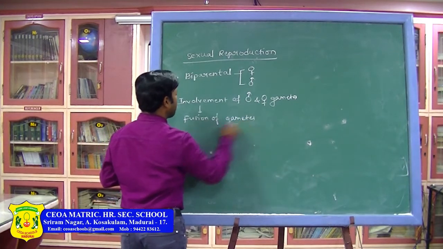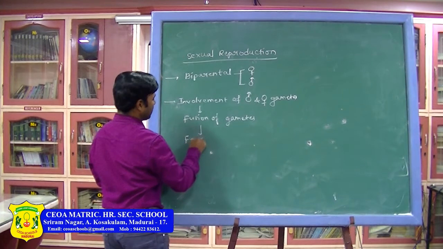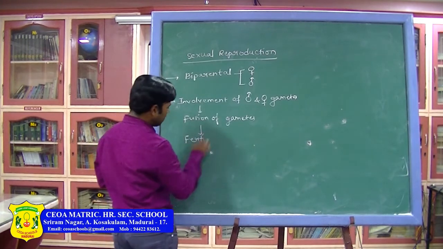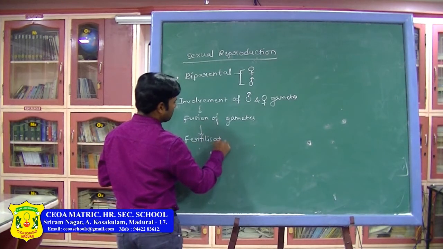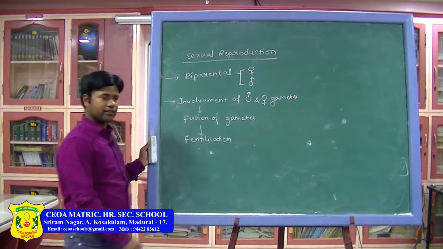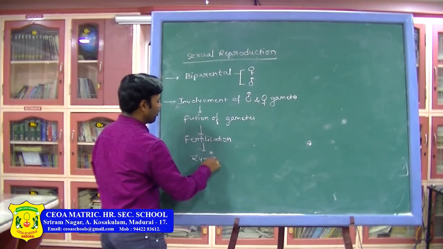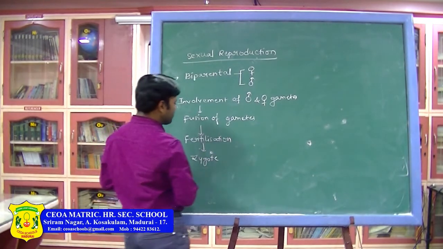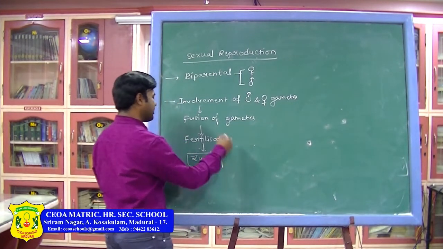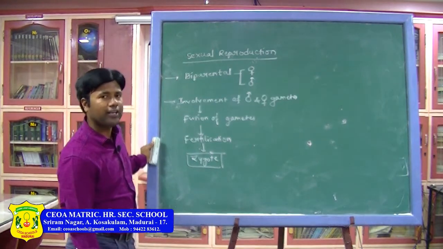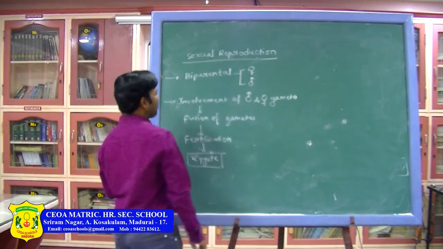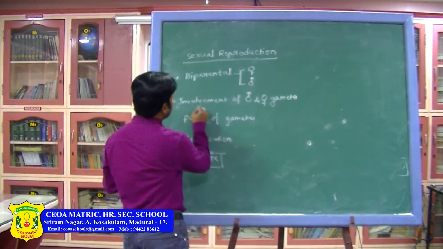After the fusion of the gametes, what happens? Fertilization, zygote formation. Then what do we get? We get a zygote. Gametes are in haploid condition. The zygote is in diploid condition.